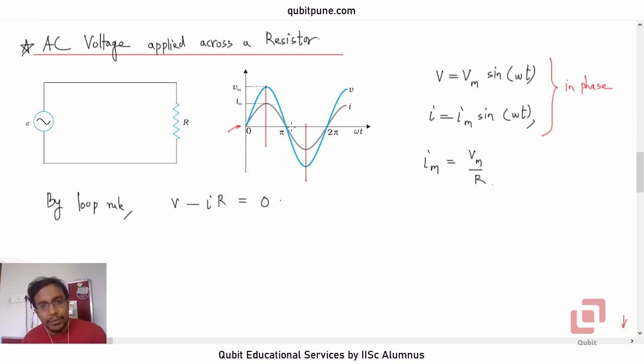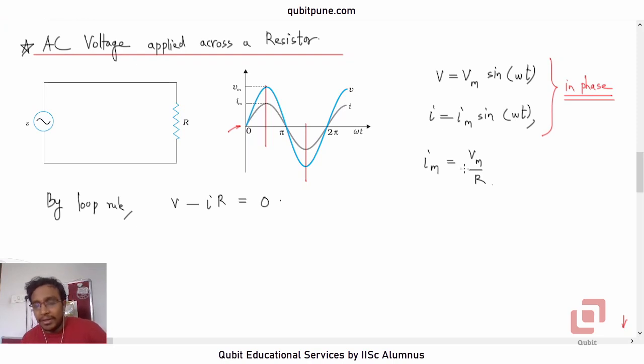So during one cycle, the instances where the voltage and the current peak are the same, where they both are zero are the same, where they peak on the other side are the same, and so on. This is what we call quantities in phase. Have you understood this?